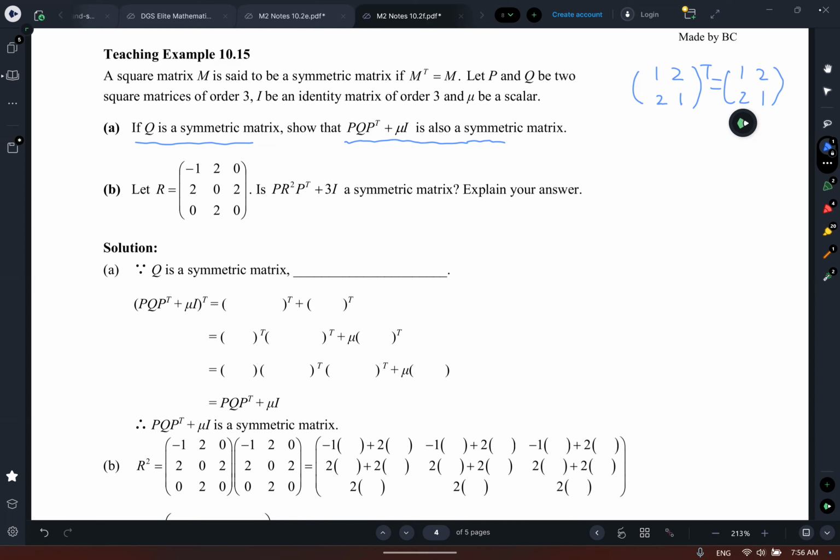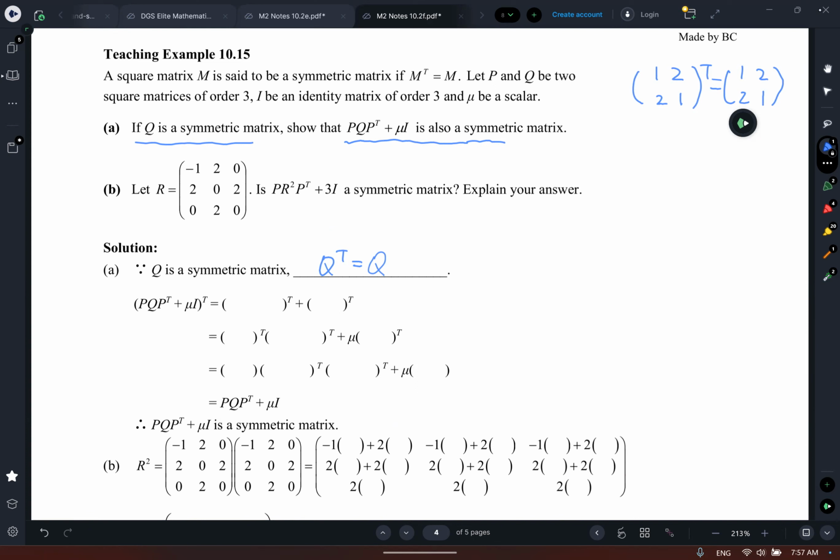I think in this question you can taste that it's all algebra. Let's prove it. Condition: Q is symmetric. That means Q transpose equals Q. This is given. Symmetric, then Q transpose equals Q.